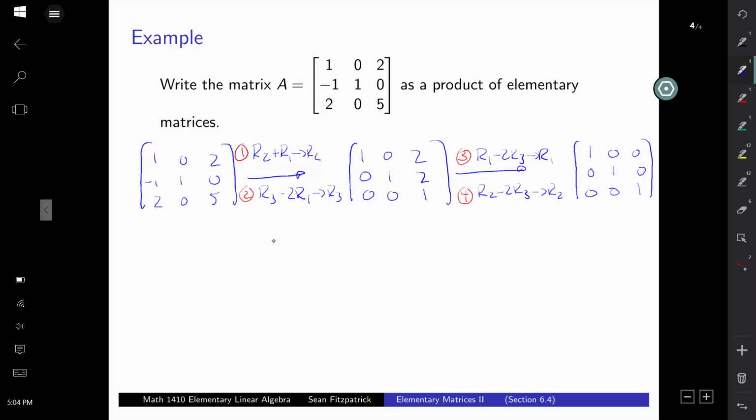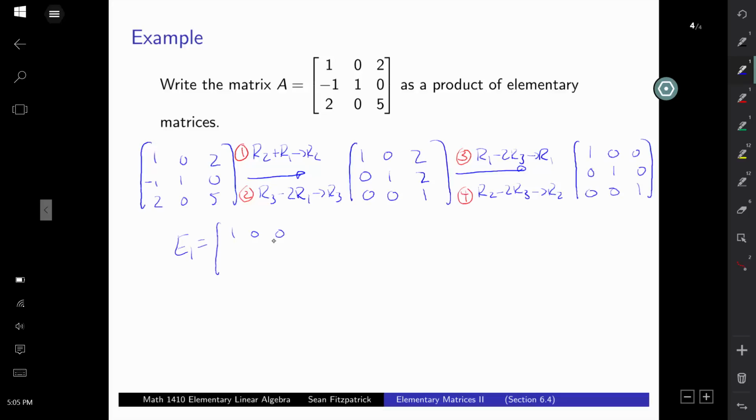Right? And again, the operations 3 and 4 are interchangeable, but 2 and 3, for example, or 2 and 4, those I can't swap that order, right? The first two are interchangeable, the second two are interchangeable, but as a set of 4, the order really does matter, okay?